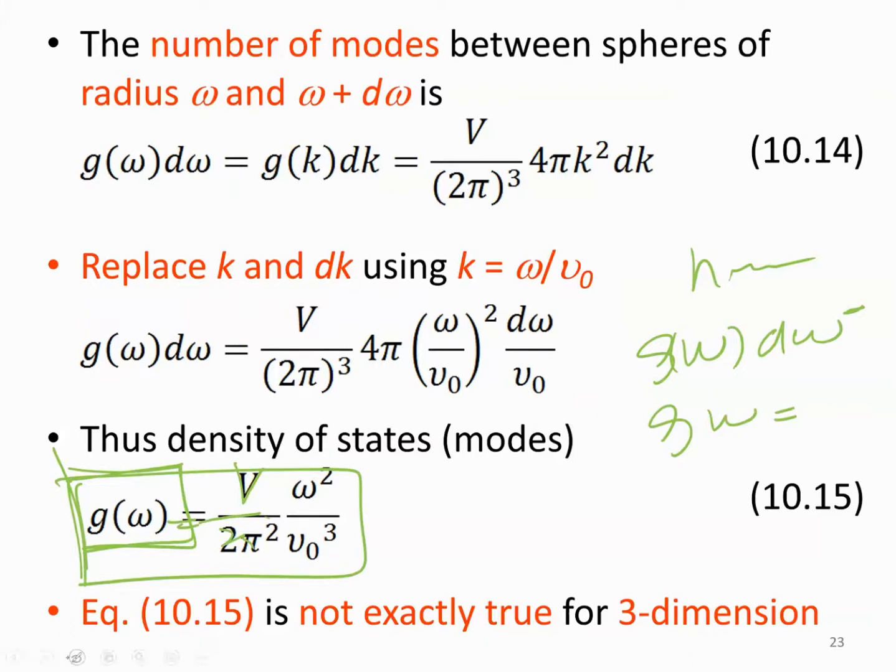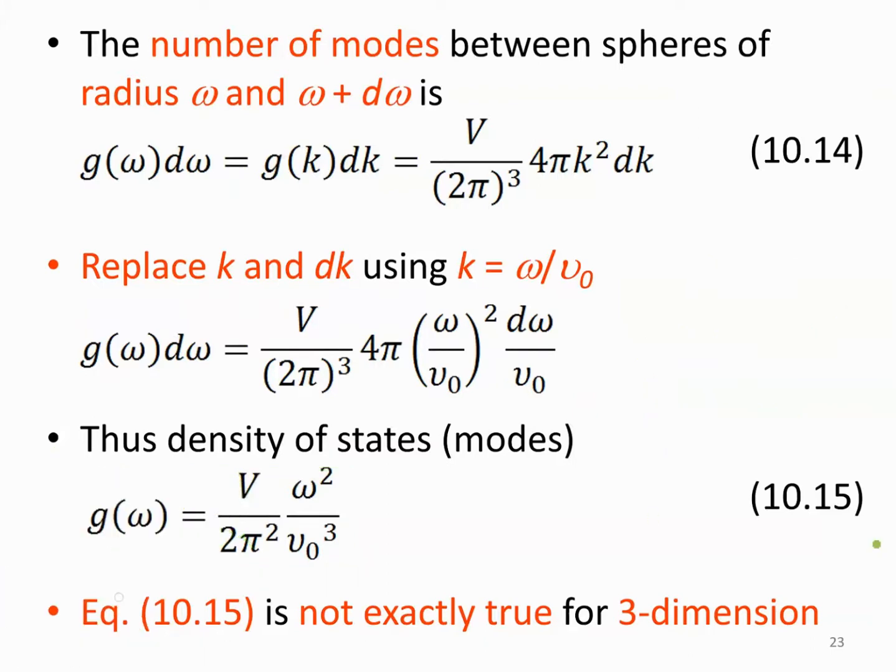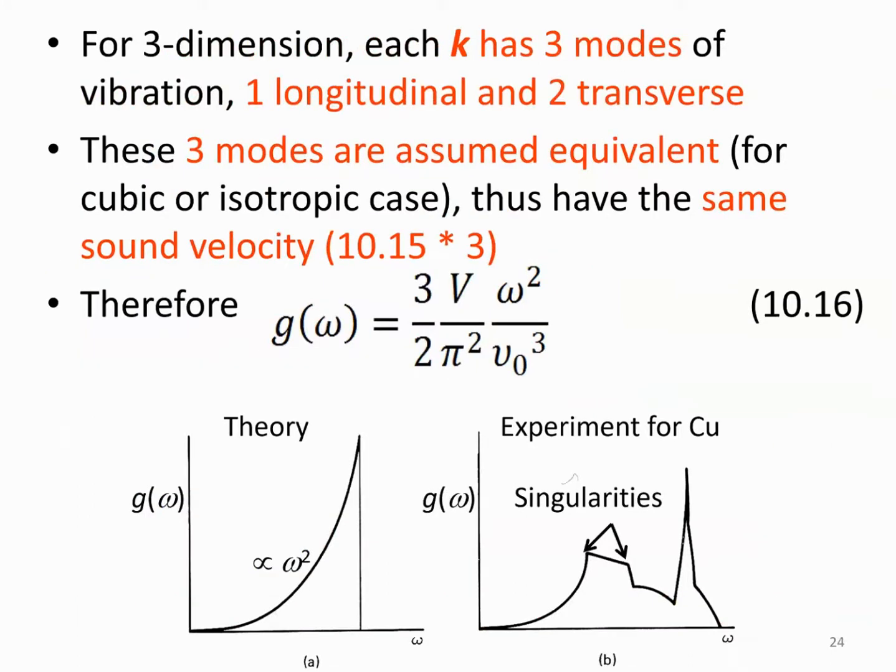However, this equation, equation 10.15, is not exactly true for 3 dimensions, because for 3 dimensions, each k has 3 modes, 1 longitudinal and 2 transverse.